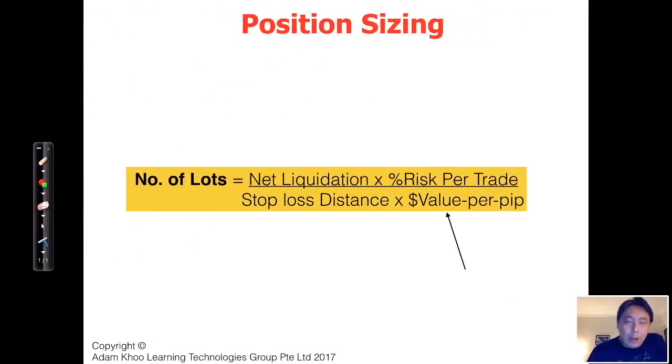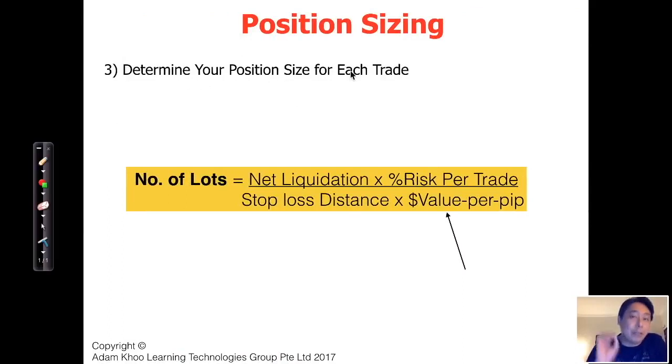Once you have that, step 3 is to calculate your position size for each trade. I'm going to show you how to calculate it manually, but in reality, there are many position sizing calculators that you can find online or on your phone app that will do it for you within a couple of seconds. So you have to understand the theory and then use the calculator. Great. So here's the formula.